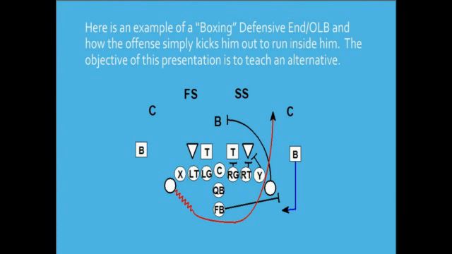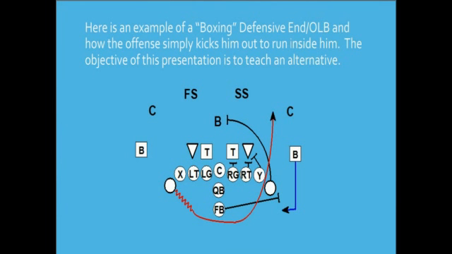Okay, this of course is an example of a boxing defensive end, and I drew it up against a double wing offense, because double wing offenses, like single wing offenses, are designed to attack defenses that use boxing defensive ends. So I thought this was the best example to use. You can see that fullback kicking that defensive end out, and they're going to run that play inside him.